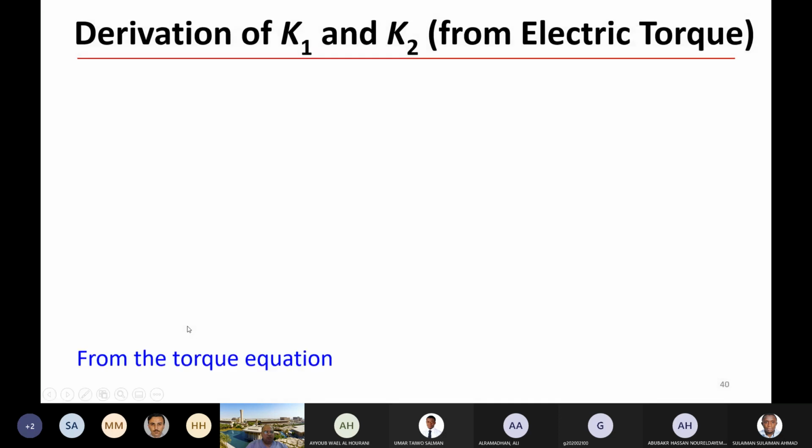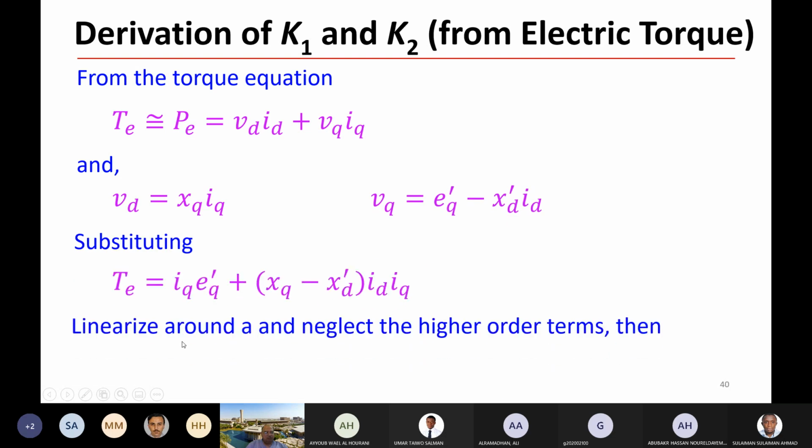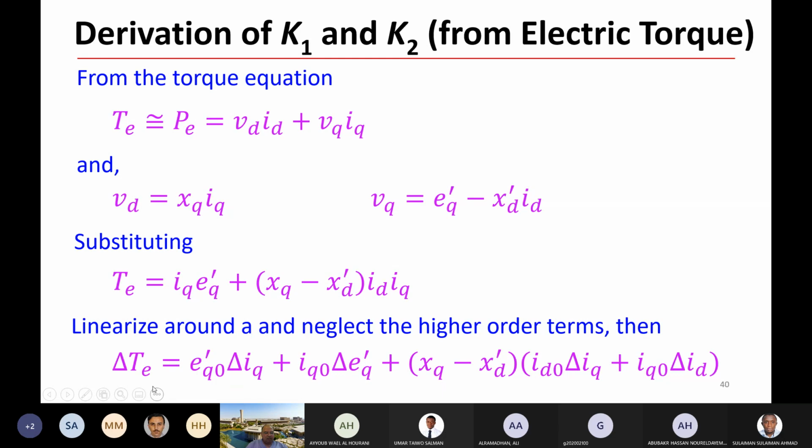So this is delta ID, delta IQ, and you have this is the power, and this substituting. Either you can derive this in this way, which is okay, but also you can have it as we derived it earlier, delta VE equal to delta VD ID plus delta ID VD plus and so on, and delta VQ IQ plus delta IQ VQ.